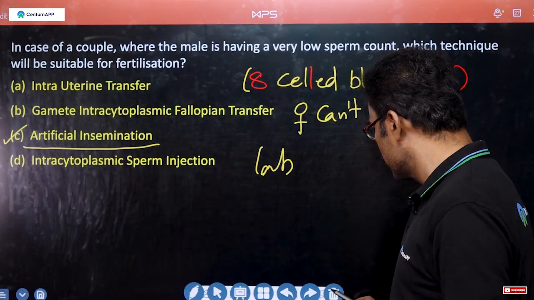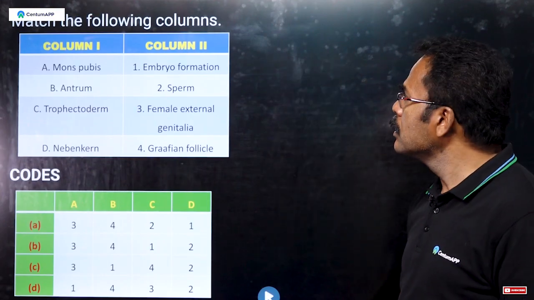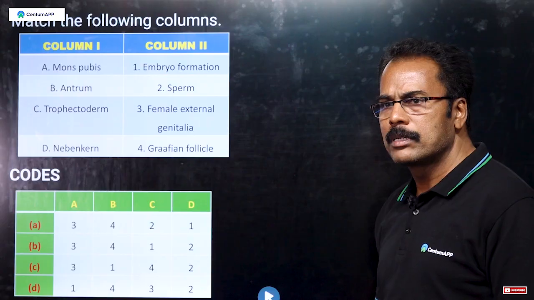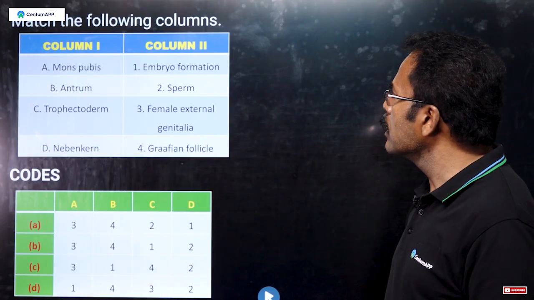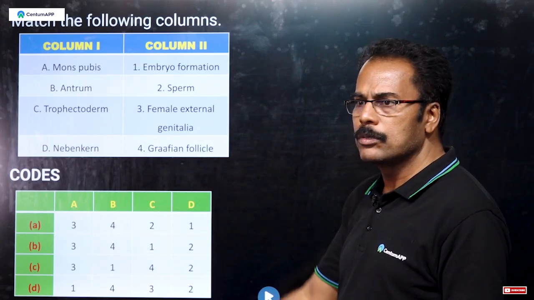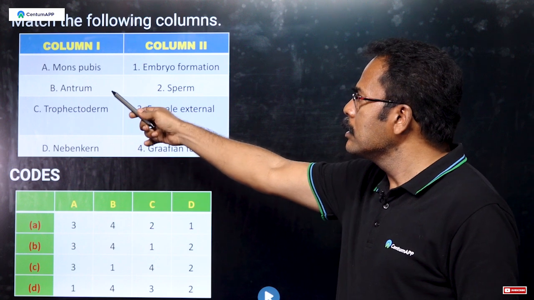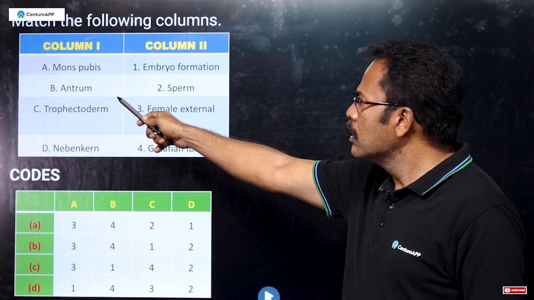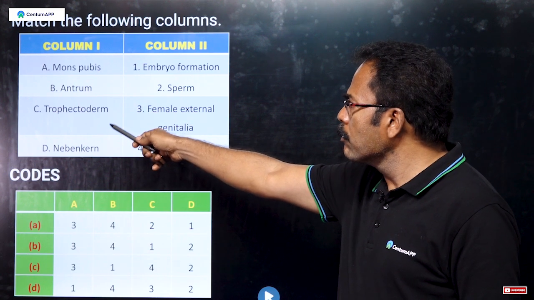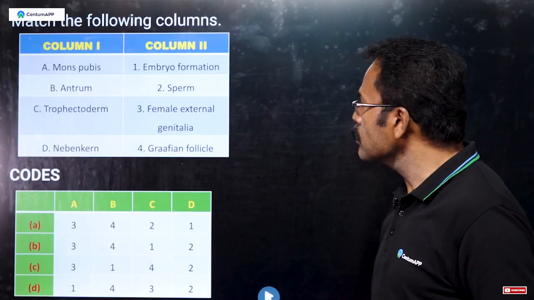The next question is to match the following columns, column number 1 and column number 2. In column number 1, there is mons pubis, antrum, trophectoderm, and nebenkern.